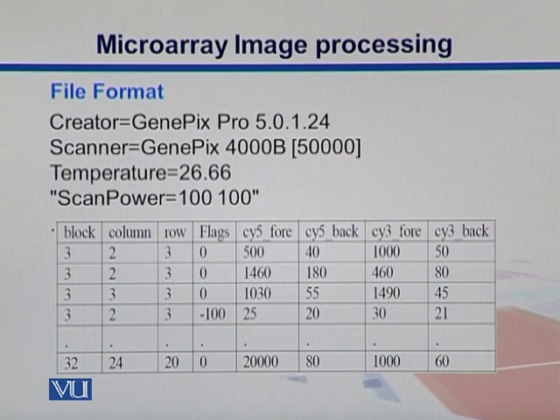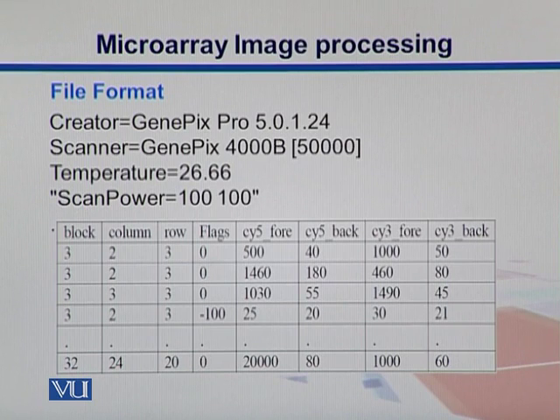So 500 out of 40 is comparatively better. If you look into Cy3, the foreground signal is 1000, whereas the background is 50. If you look into this bad feature, which has the flag of -100, your foreground is 25, background is 20. Again, Cy3 foreground is 30 versus 21, so it's kind of a bad feature. The rest of them look fine, where the flags of all of them are 0.